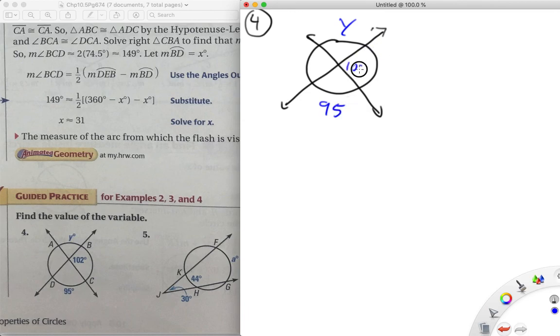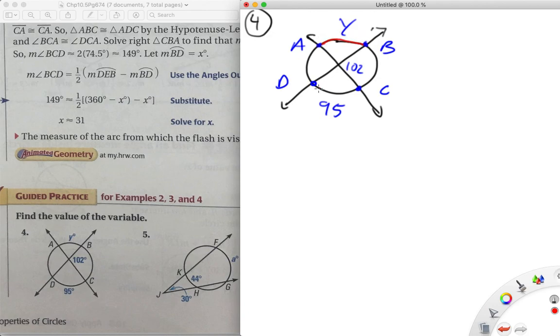Inside here is 102. And then we have point A, point B, point C, point D. A, B, C, and D. We want to know what Y is.